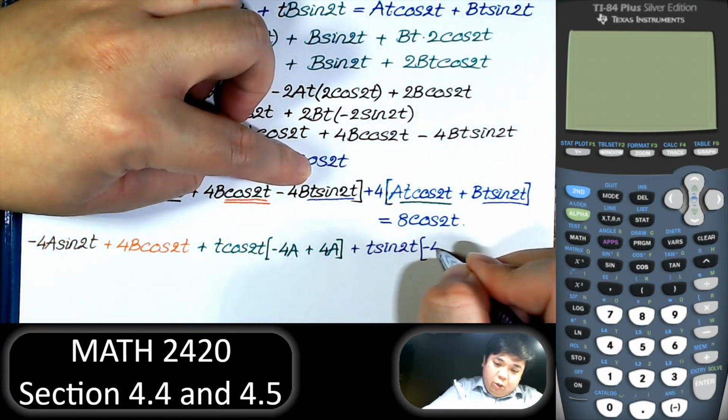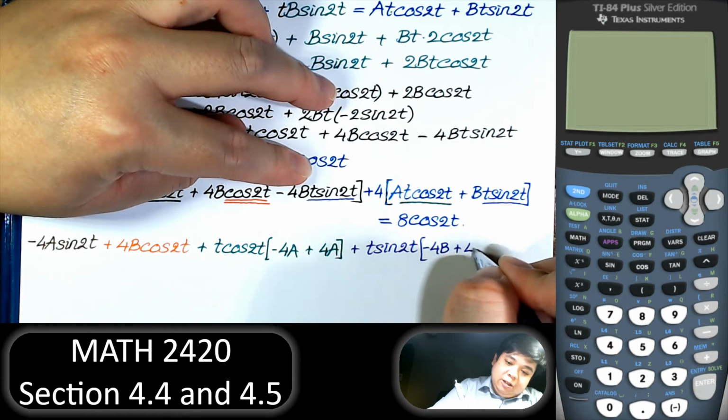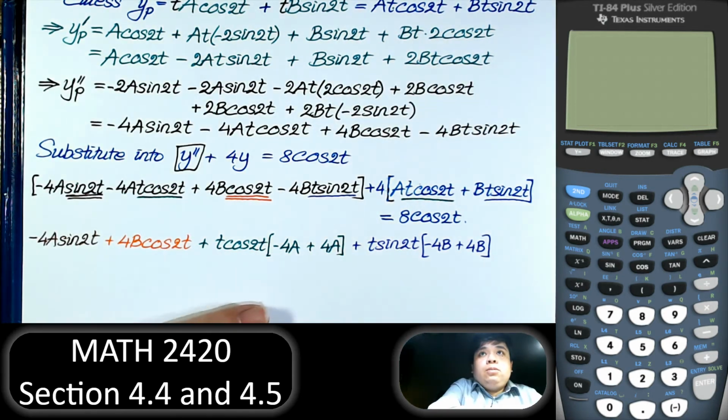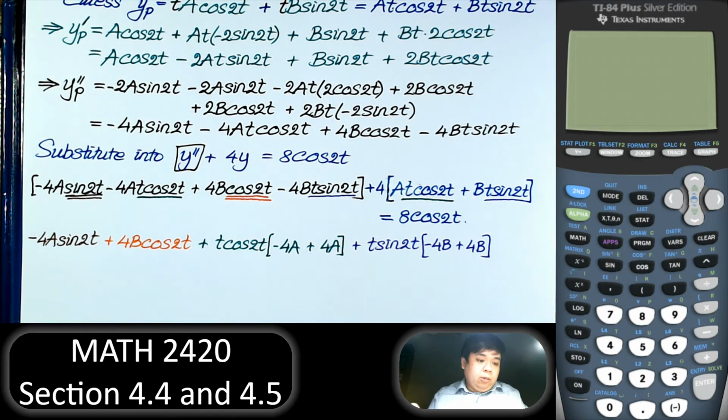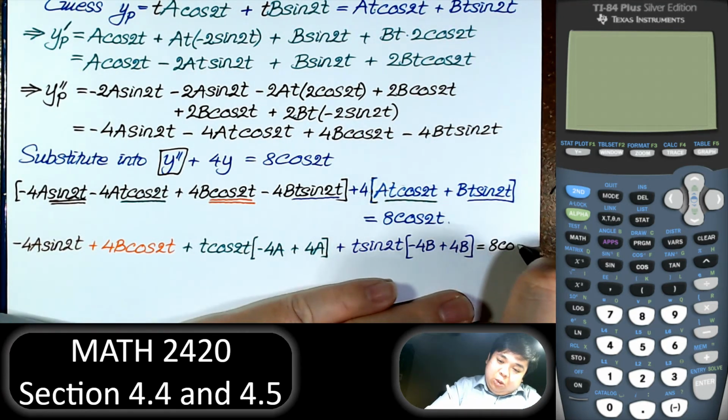Factor out the negative 4b, and there's a 4b. So that's all. And that will be equal to 8 cosine 2t on the other side.